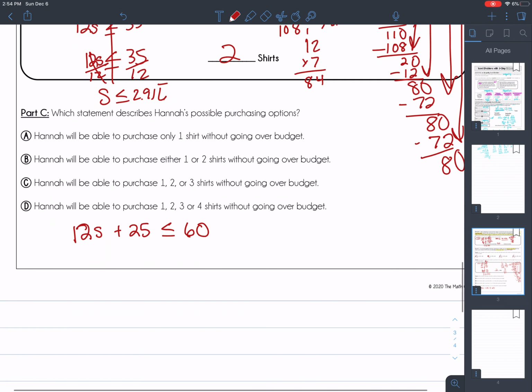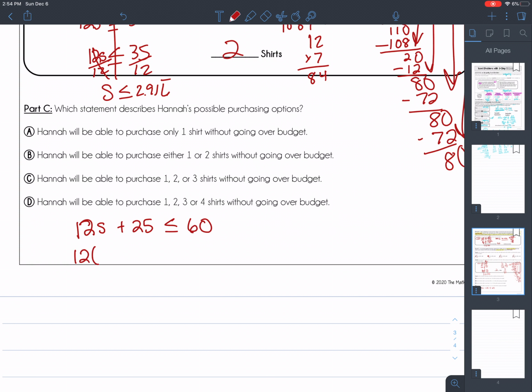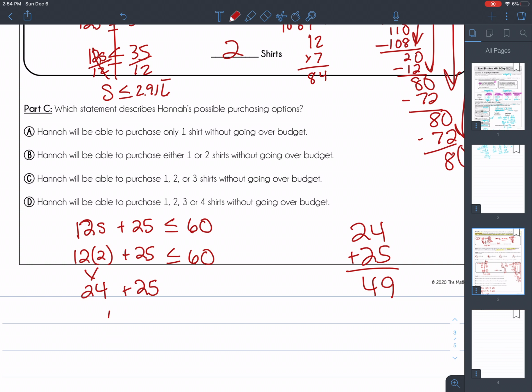So if she buys 2 shirts, that's $24, right? And 24 plus 25 is $49.